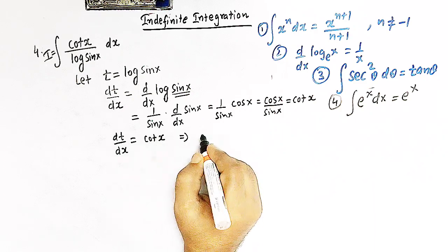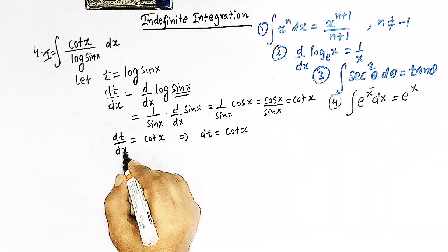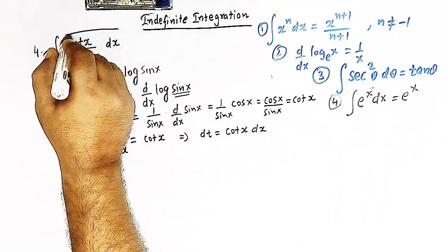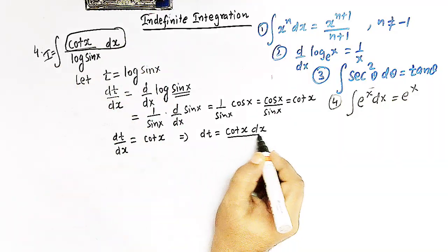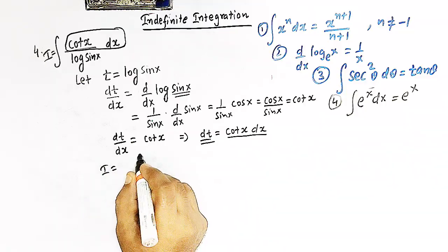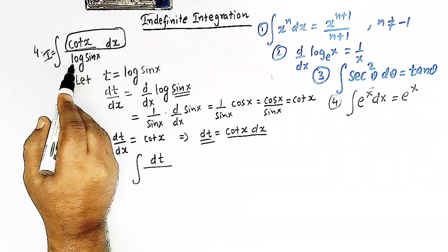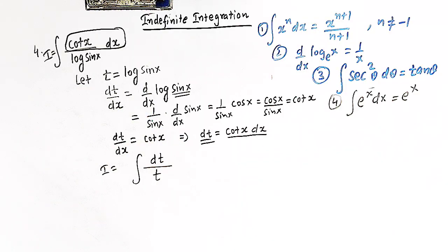So we can now write dt is equal to cot x dx, right? So now for this term, that is cot x dx, we can take dt. So we have now I is equal to the integral of dt divided by log sine x. Log sine x is equal to t, right?